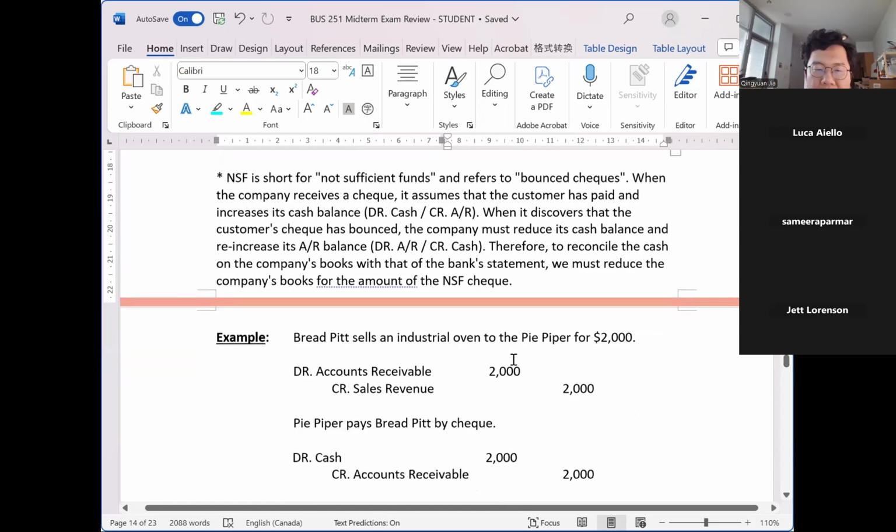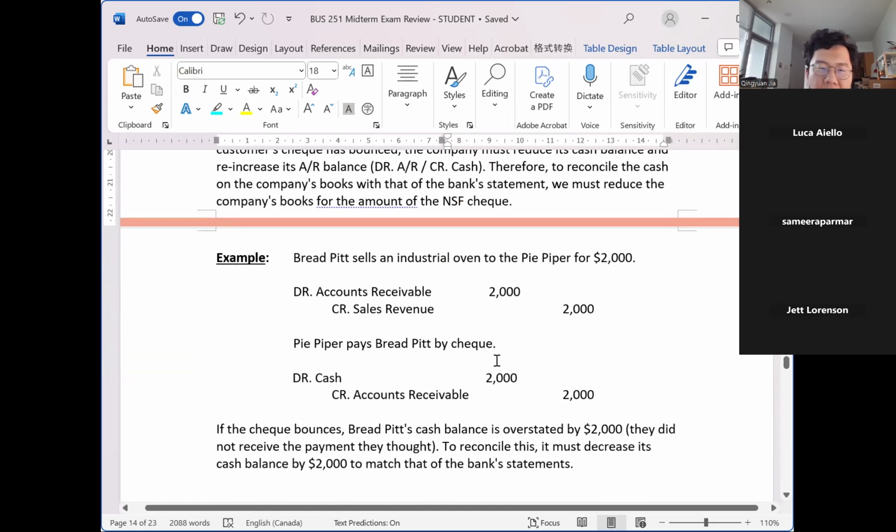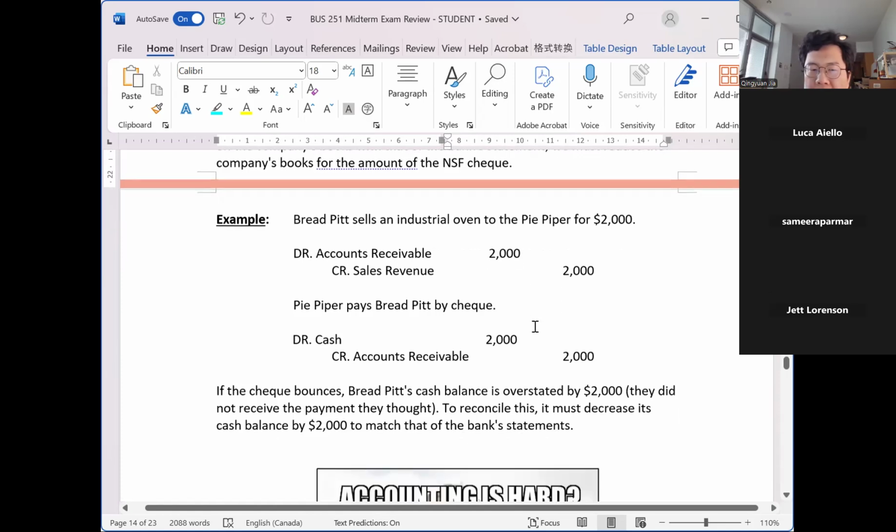And here's one example. Brad Pitt sells an industrial oven to Piper for 2000. So for Brad Pitt, when it sells something, you credit sales revenue for 2000 and debit account receivable 2000.